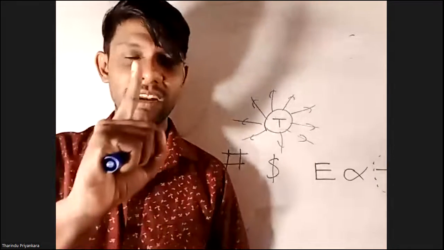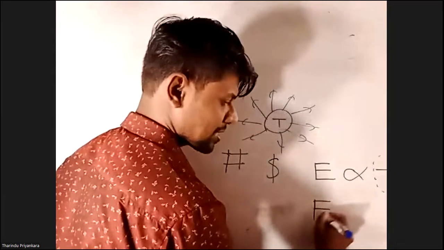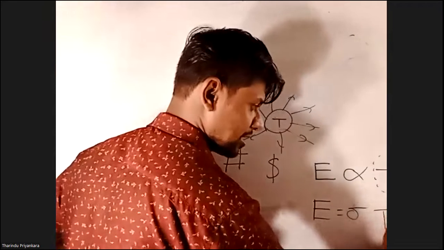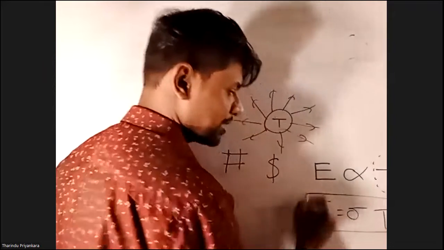That's only for one unit area. To remove the proportionality, I put a proportionality constant sigma: sigma T to the power 4. So this is called the Stefan law.